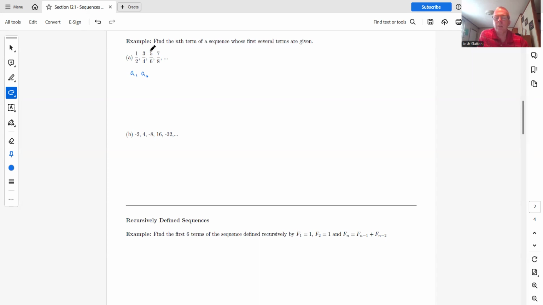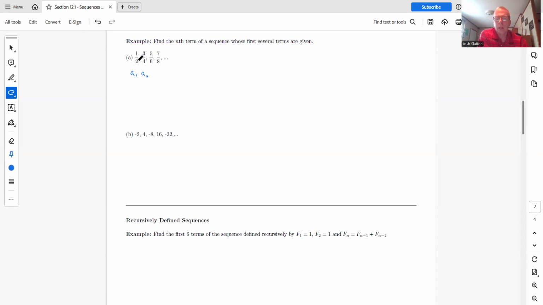So this is just basically pattern recognition. I can't really give you a formula for doing any of these. You recognize a pattern, you come up with a formula for the next term and see if it works. We could expect the next term would be 9 over 10, and then we'd have 11 over 12, and so on.